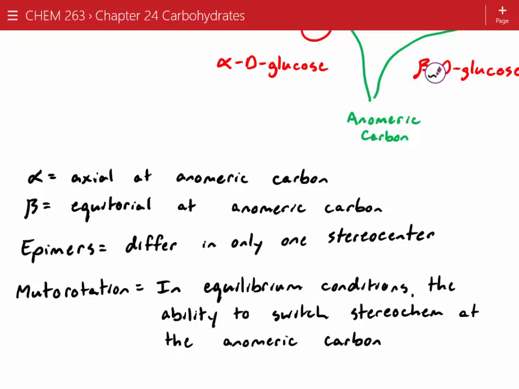So mutarotation is usually in reference to carbohydrates when they close and then unwind and back and forth.